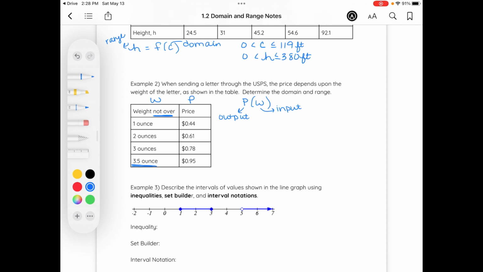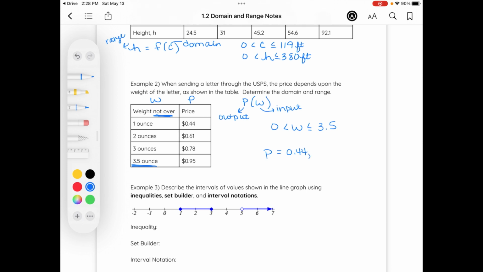We know that we can have a variety of ounces of weight for our letters. I'm going to say that we have to be greater than 0 for our weight, but less than or equal to 3.5, because it can't go over 3.5. We can have weights in between though, but our range is a little different because our price can only be 4 things.